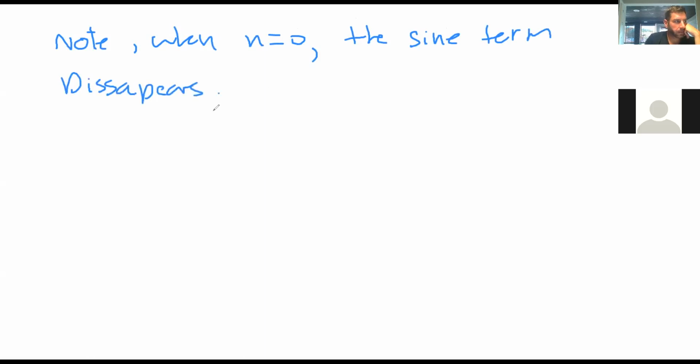So f of x just becomes a sub 0 times the cosine of 0, which is just a sub 0, because cosine of 0 is 1. And so we can start the sum at 1 instead.